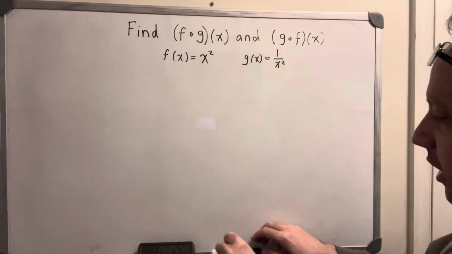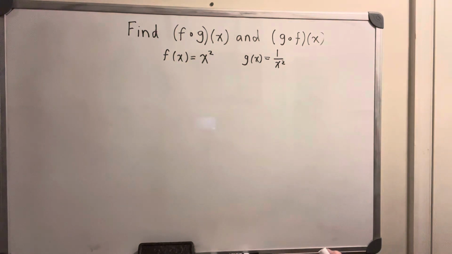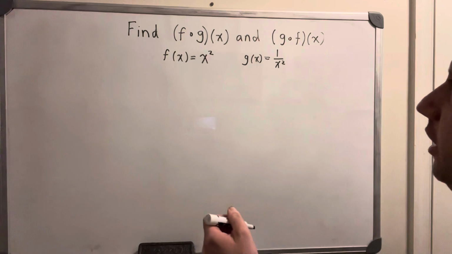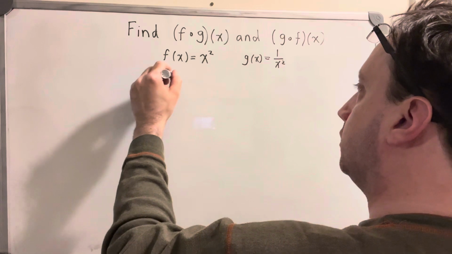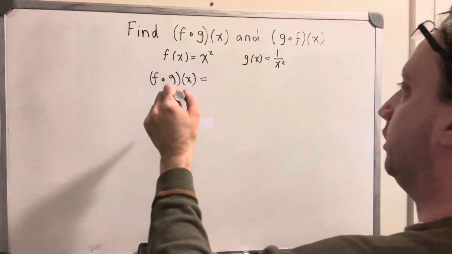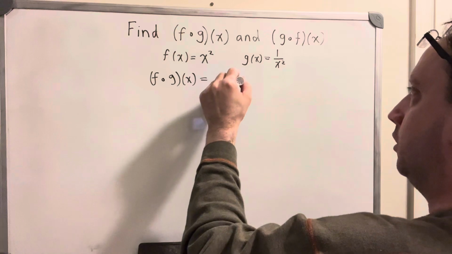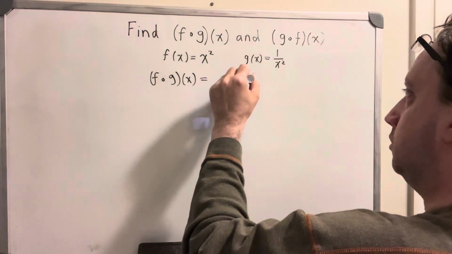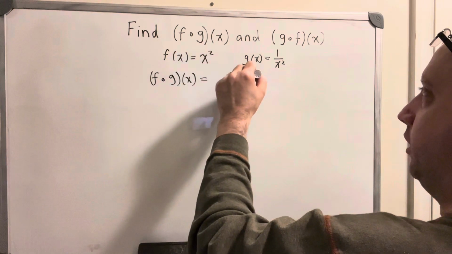This problem is a composite problem that says find f of g of x and g of f of x, where f of x is x squared and g of x is 1 over x squared. So let's do f of g of x first. Okay, first we have g of x, which is 1 over x squared, and f of x says to square it.